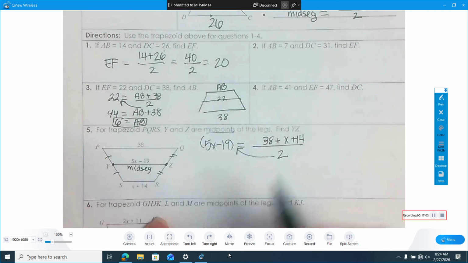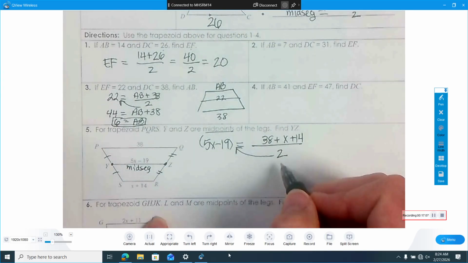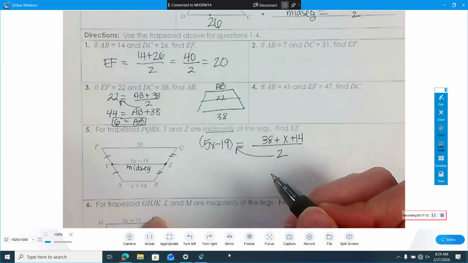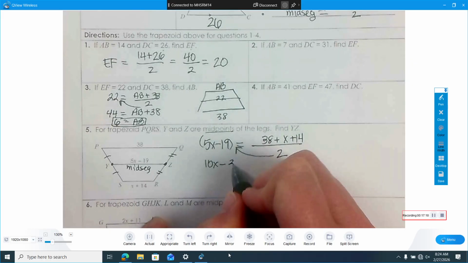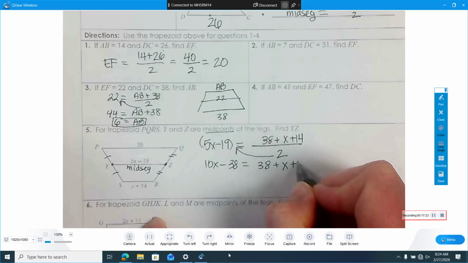And we have to multiply everything by 2, right? All right, so what does that give me if I multiply everything by 2? 10x minus 38 equals 38 plus x plus 14.